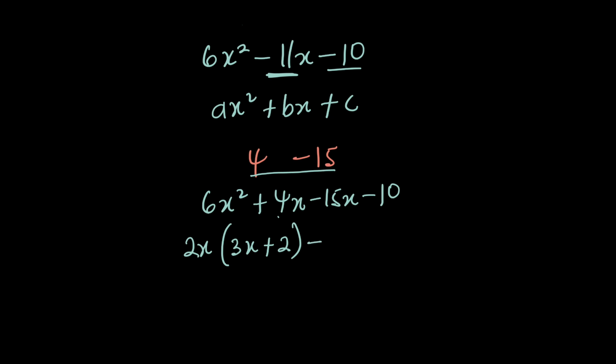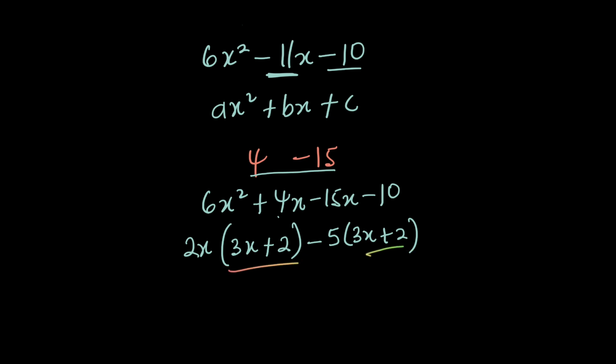Then we have minus. We know 5 is the greatest common factor for this and this, so negative 5 outside, negative 5 goes into this, remaining 3x, and negative 5 goes into this, remaining plus 2. Always be sure that this bracket and this bracket are the same.